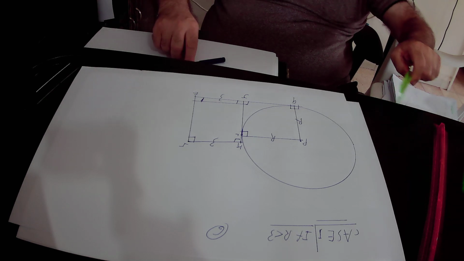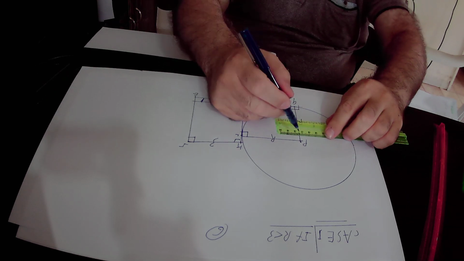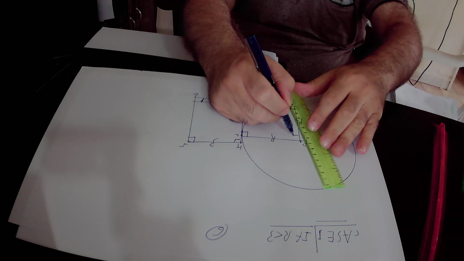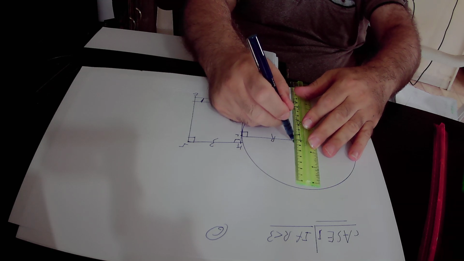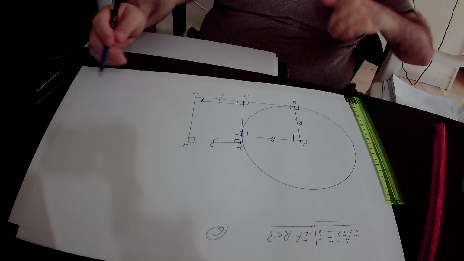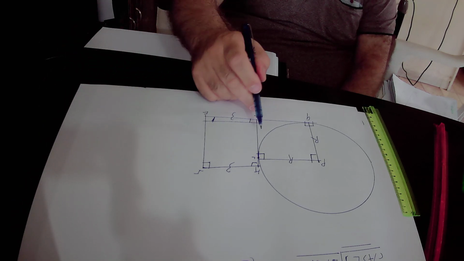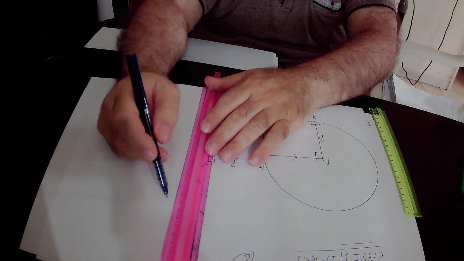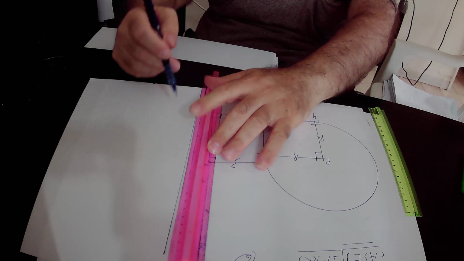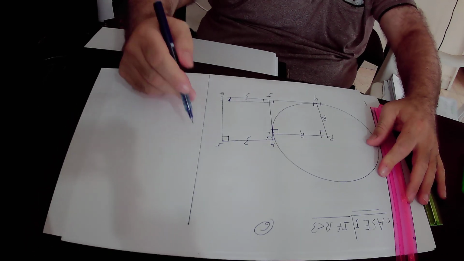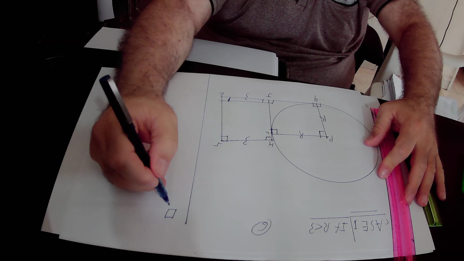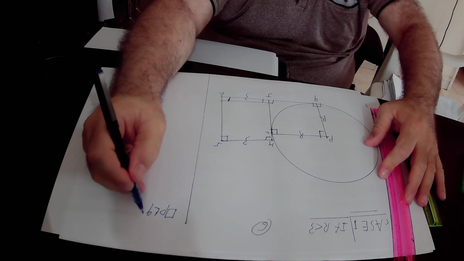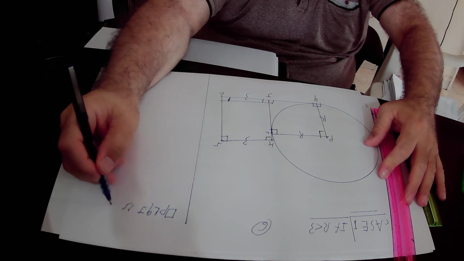Therefore the fourth angle must also be equal to 90 degrees. Therefore, inside quadrangle PLQJ, we have 4 right angles. Therefore, quadrangle PLQJ is a rectangle because it has 4 right angles.